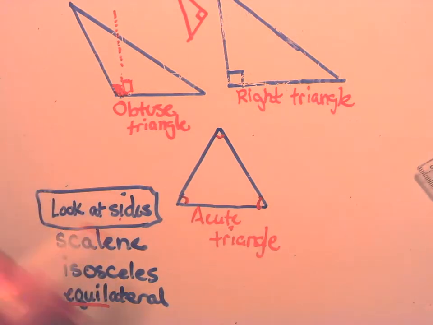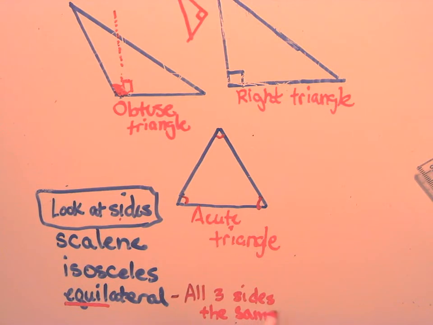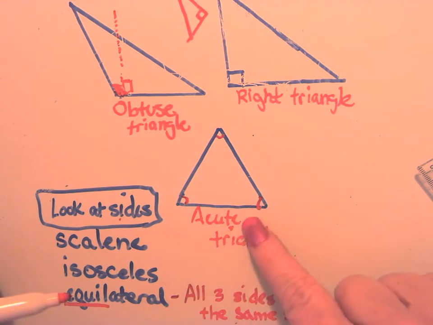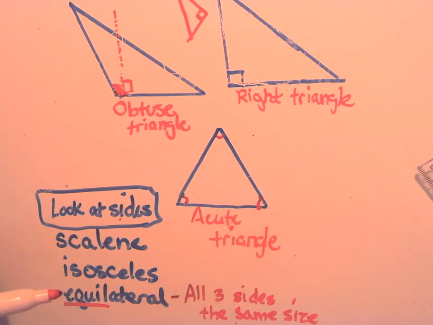So equilateral triangles are those that have all three sides the same size. So we can have an equilateral triangle and an acute triangle at the same time. It's an equilateral acute triangle there.